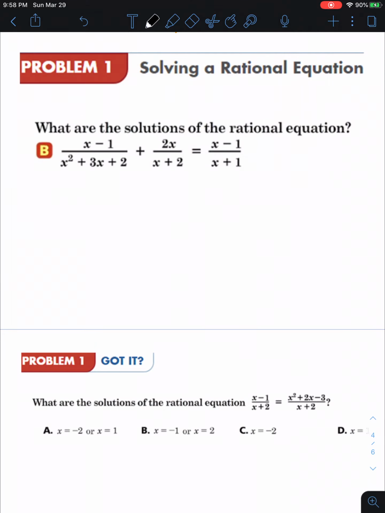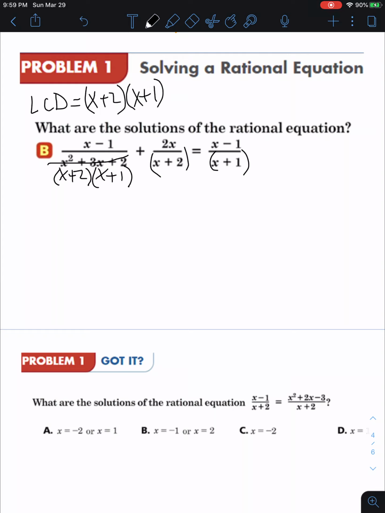And on this one, I'm going to have to factor this side, which would be x plus 2, x plus 1, and cancel that out. And then we've got the plus 2 and the plus 1 here. So again, my LCD is x plus 2, x plus 1, and that takes care of them all.